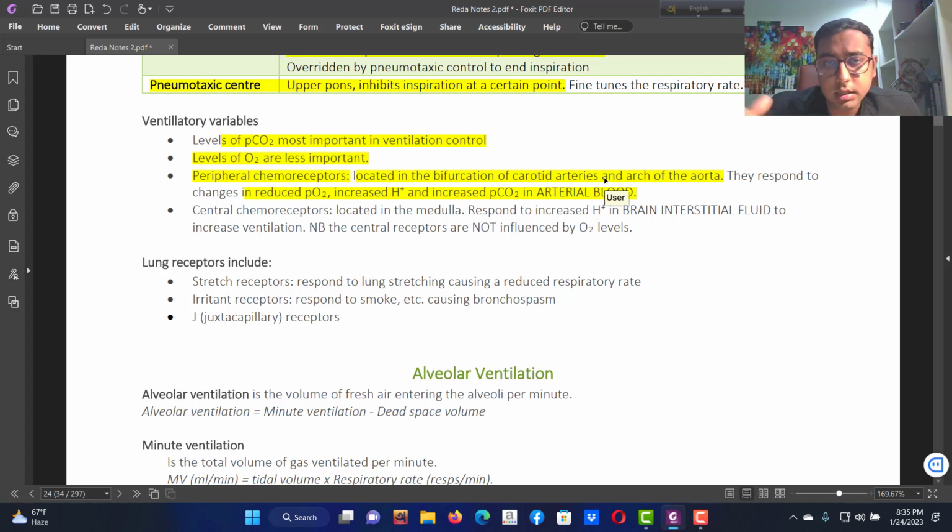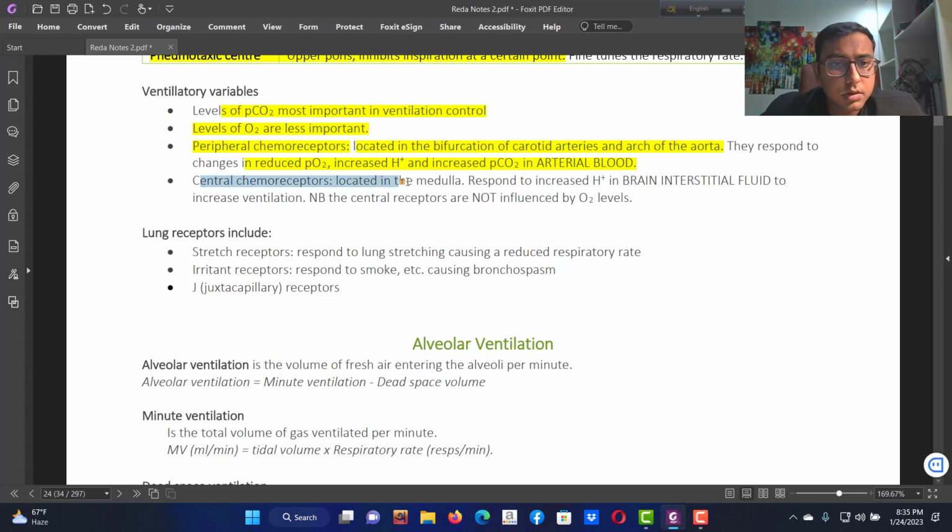If there is a decreased oxygen pressure or oxygen level, then the chemoreceptor is stimulated, because they are very sensitive to the partial pressure of carbon dioxide and hydrogen level. If they increase, then the chemoreceptor is activated and increases the respiratory rate to cause hyperventilation.